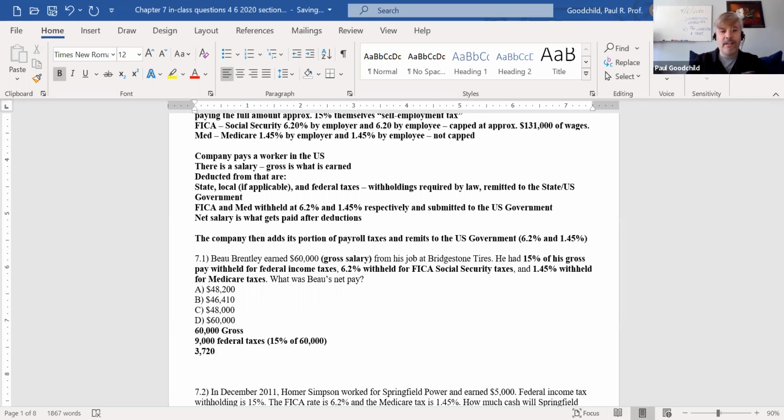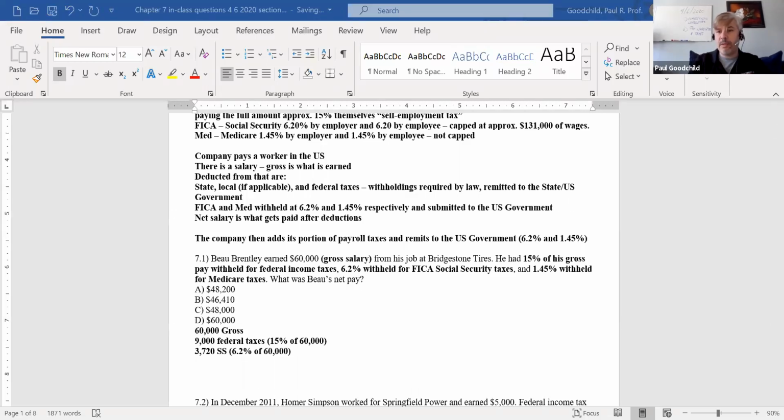3,720 in Social Security. That's 6.2% of 60,000. And then the last piece will be 1.5% or 1.45%, which is 870.